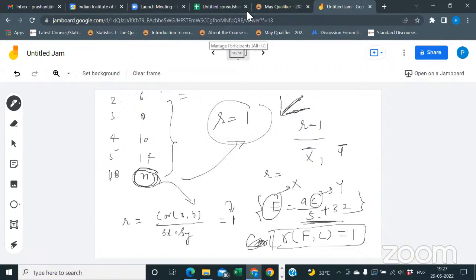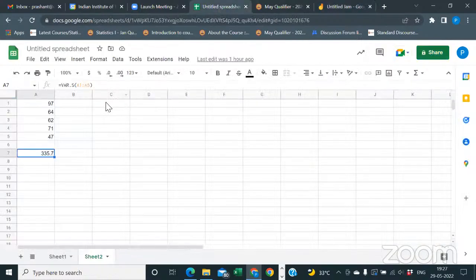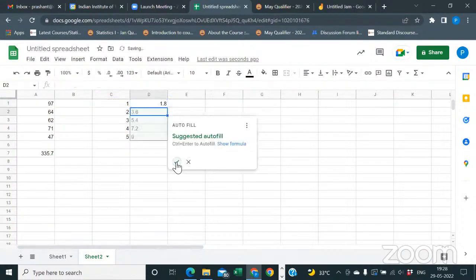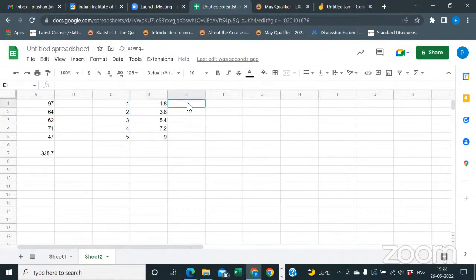Sir, can we try doing this? See, suppose instead of c, I am taking 1, 2, 3, 4, and 5. So f will be 9 into c divided by 5 plus 32. 9 into c is this one, divided by 5, and the next column is this plus 32.